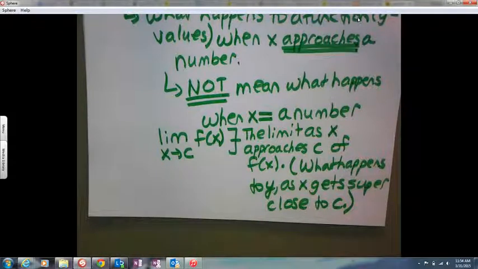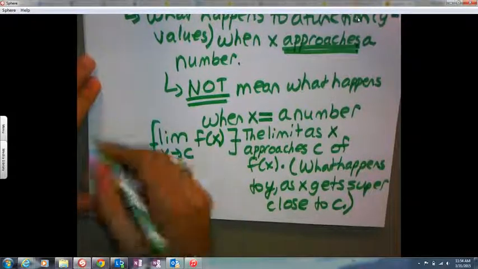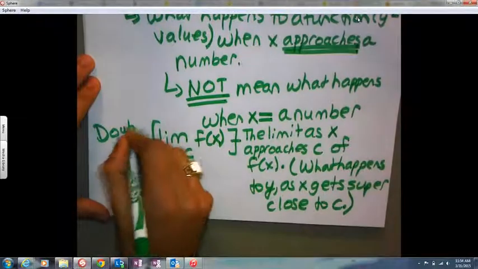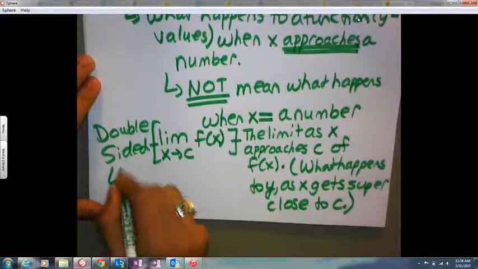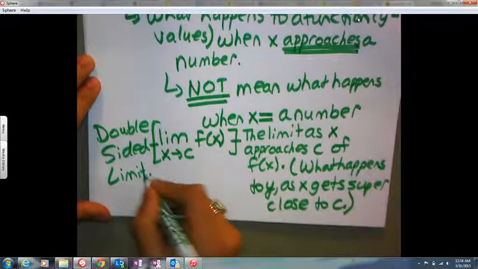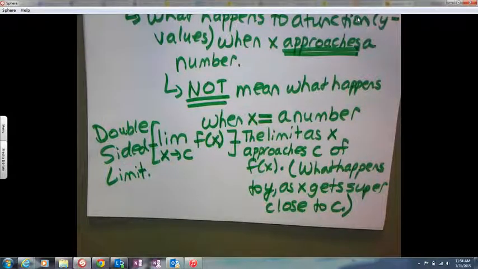Now, we call a limit like this a double-sided limit. And here's why. If you think about this chair being here, I can either approach the chair from this side, or I could approach the chair from this side.